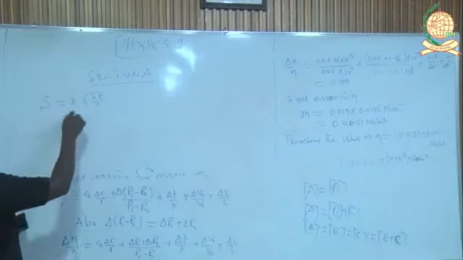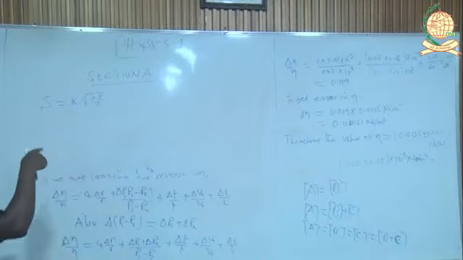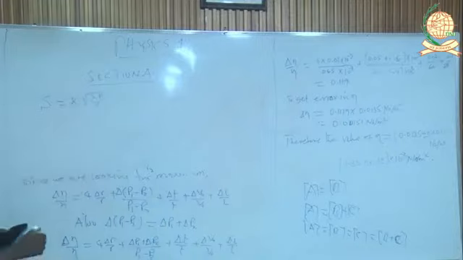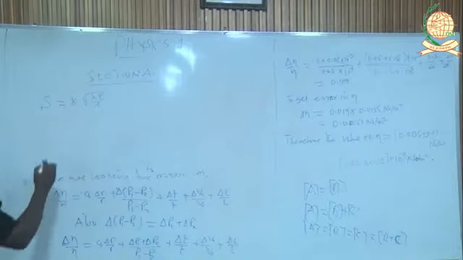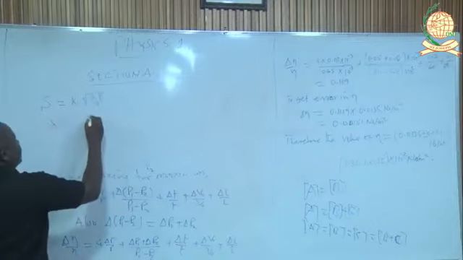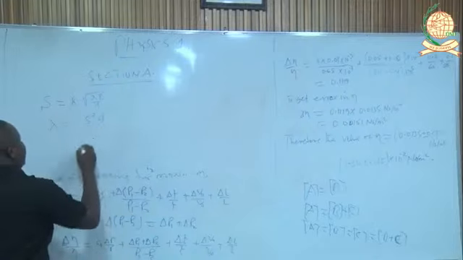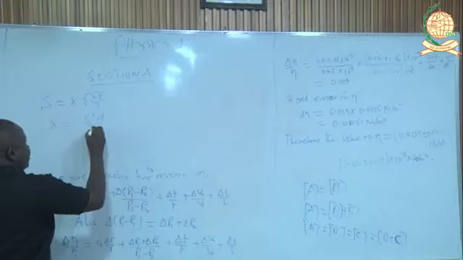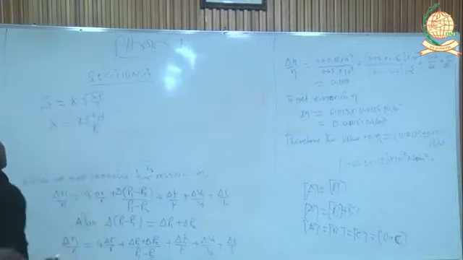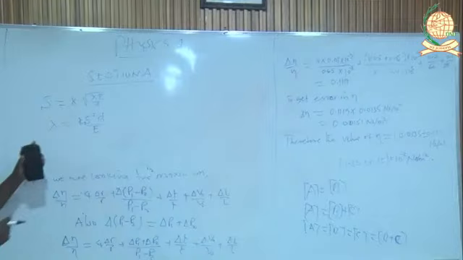So we have been given this one. That means we are applying dimensions to find the dimensions of this constant lambda. The first step is to make lambda the subject. Therefore, lambda equals S squared D over E times another constant, or constant k1, because if this is k, this is k1 after k squared.